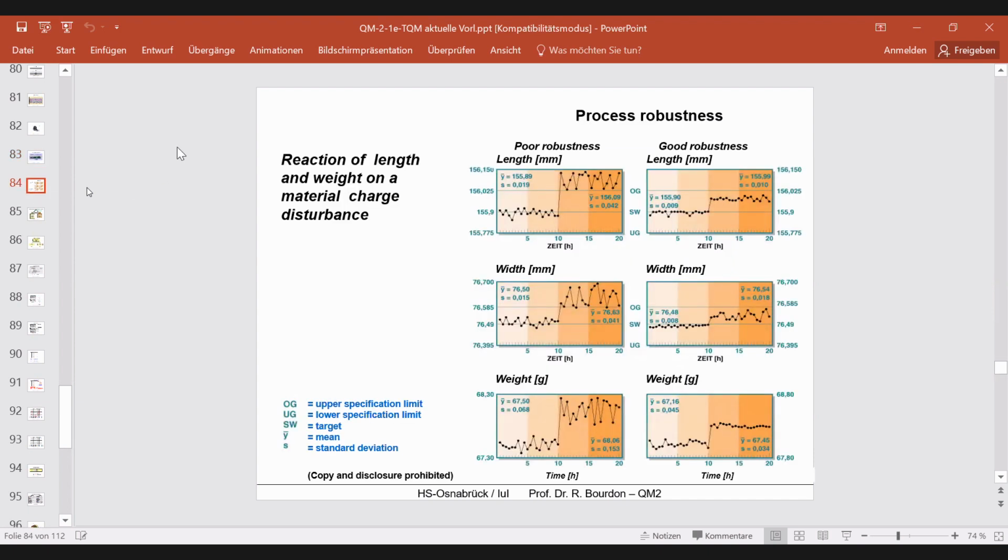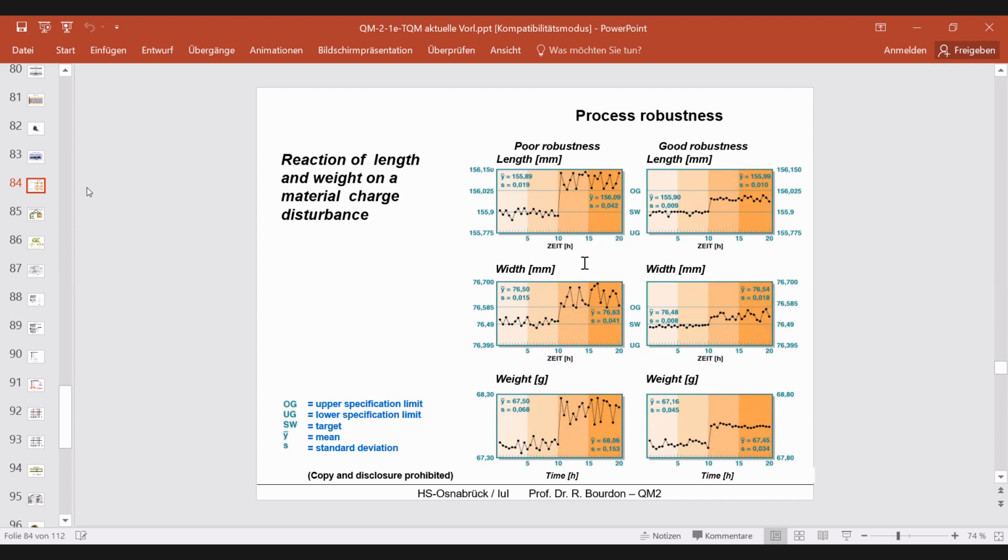It's also possible to make an industrial process more robust than at another machine setting. This is shown here. Here you see again a dimension of a plastic component, and this is the timeline here, 5 hours, 10 hours, 20 hours.